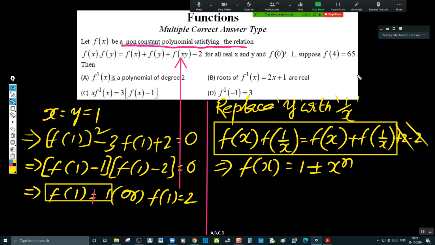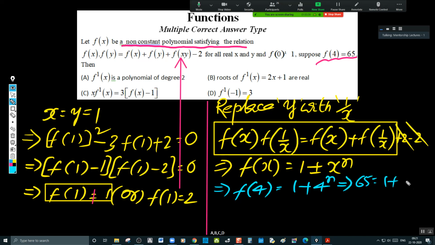What is the given value here? f(4) is equal to 65. Implies f(4) is equal to 1 plus 4 power n. I'm taking plus first. But what is f(4) given? 65 is equal to 1 plus 4 power n.